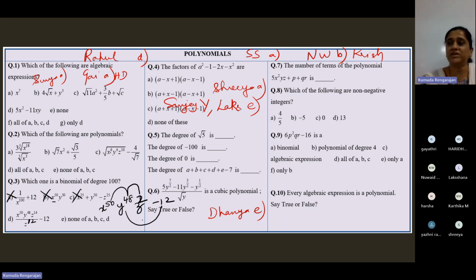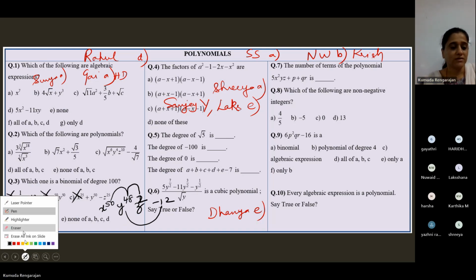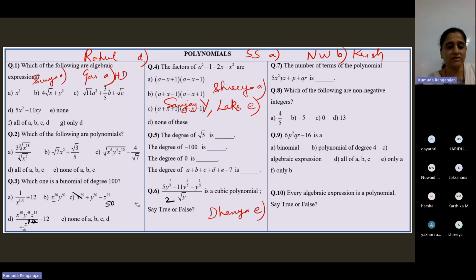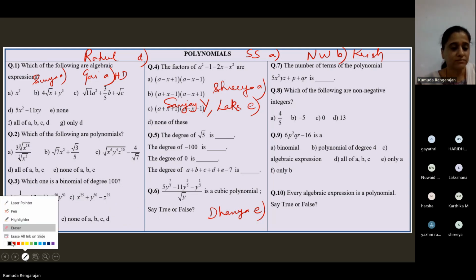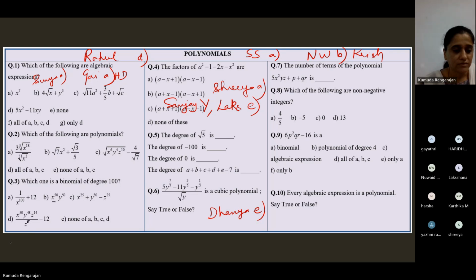Then is it a binomial of degree 100? Yeah. If this were 12, then it will be x to the power 50, y to the power 48, z to the power 14 minus 12.